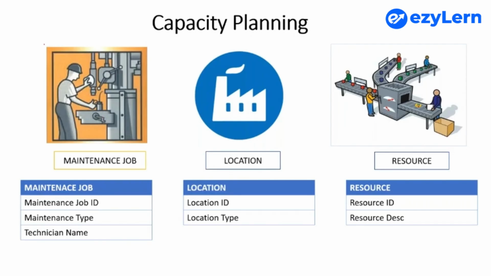I just kept an image here. So there is a maintenance job activity, and then we need a location, the production facilities, or it could be DCs or warehouses, or it could be anything. And then we have the resources themselves, the assembler lines.